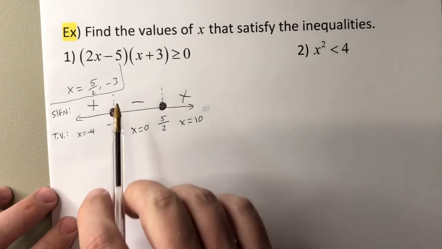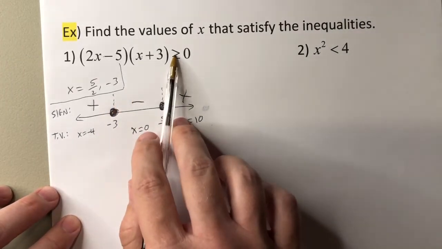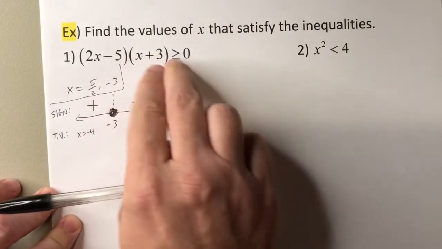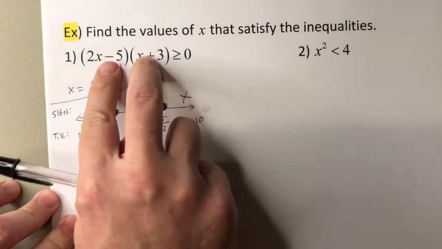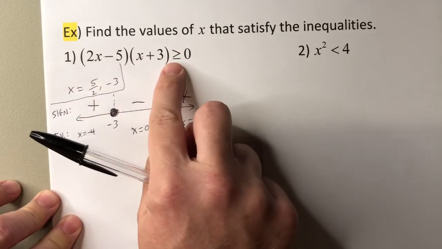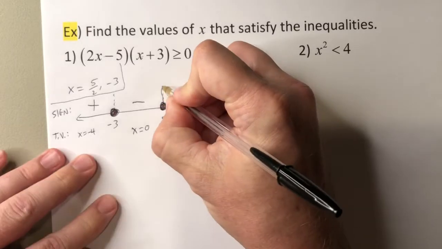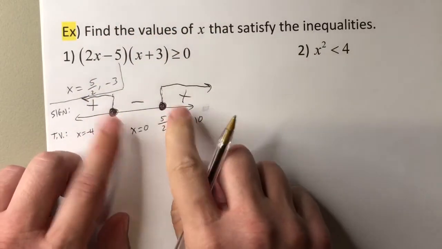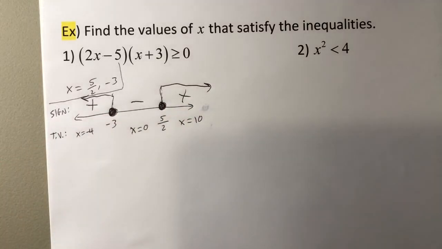At this point, all you do is look at the inequality symbol and understand it's greater than, okay? When is the product of these two expressions greater than 0? Well, that's when you're looking at the plus. So graphically, those two intervals represent your solution.